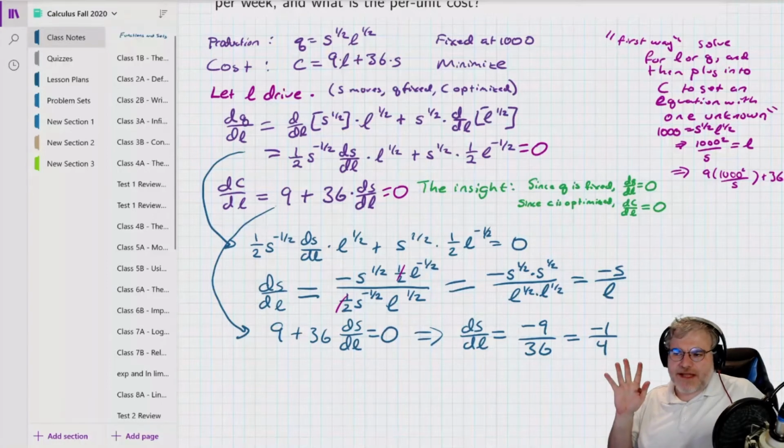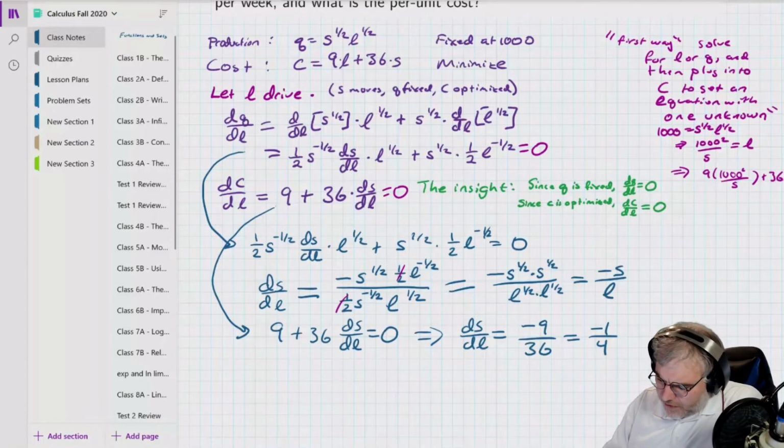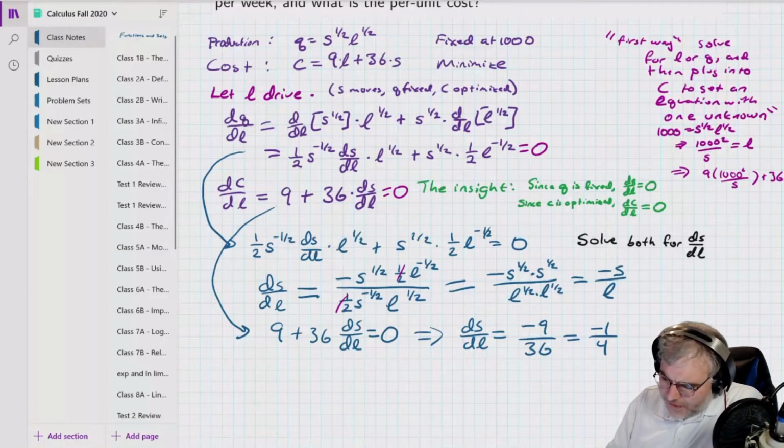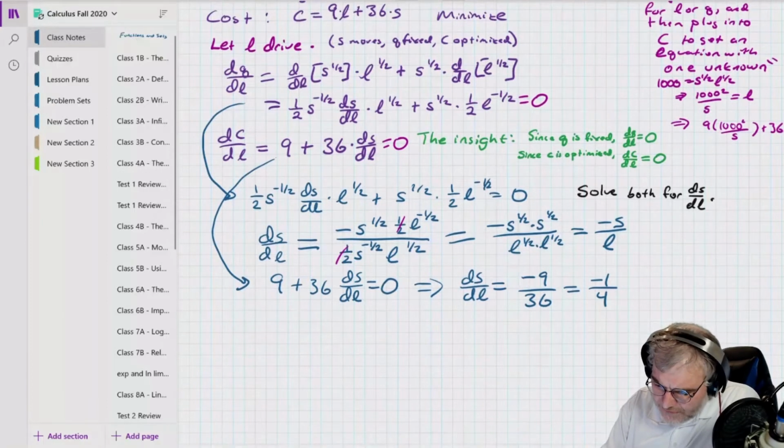So how do we feel about that, 1 to 5? What I've done is I've solved for dS over dL. How do we feel about that? Now what I'm going to do is just set them equal to each other. And look what pops out.